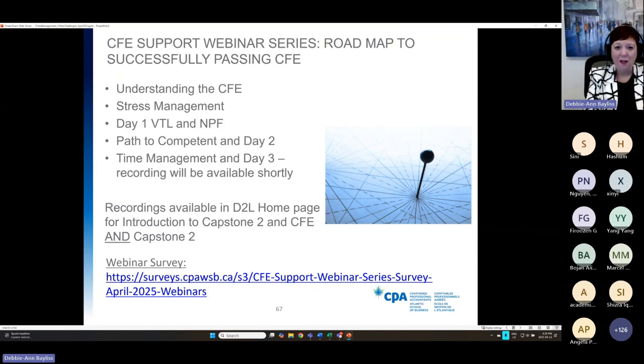If you know well and you've been able to successfully achieve competent on those types of assessment opportunities, let that go. Focus on the areas that you need to. So prioritizing is critical.